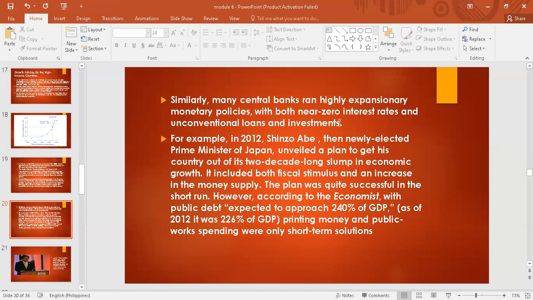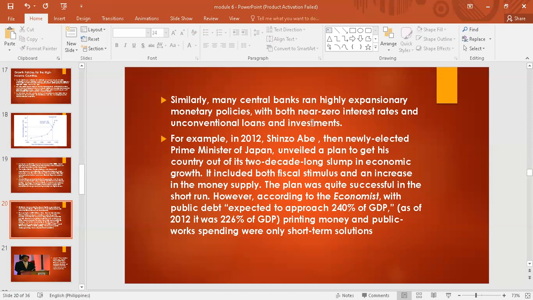So halimbawa kung ikaw ay nagnenegosyo that time at gusto mong magnegosyo that time, between 2000 hanggang 2010 probably, that's the range, makaka-avail ka ng masyadong mababang interest na loan sa mga central bank because of this expansionary monetary policies.